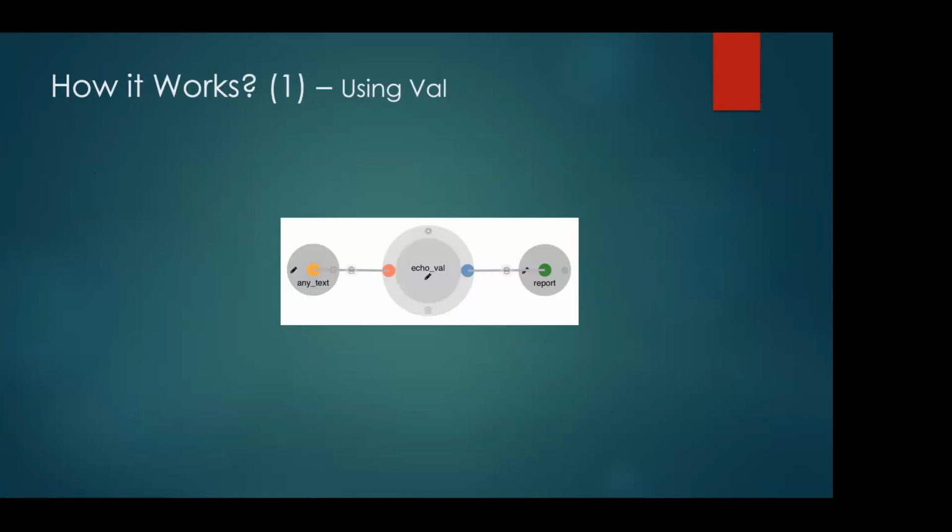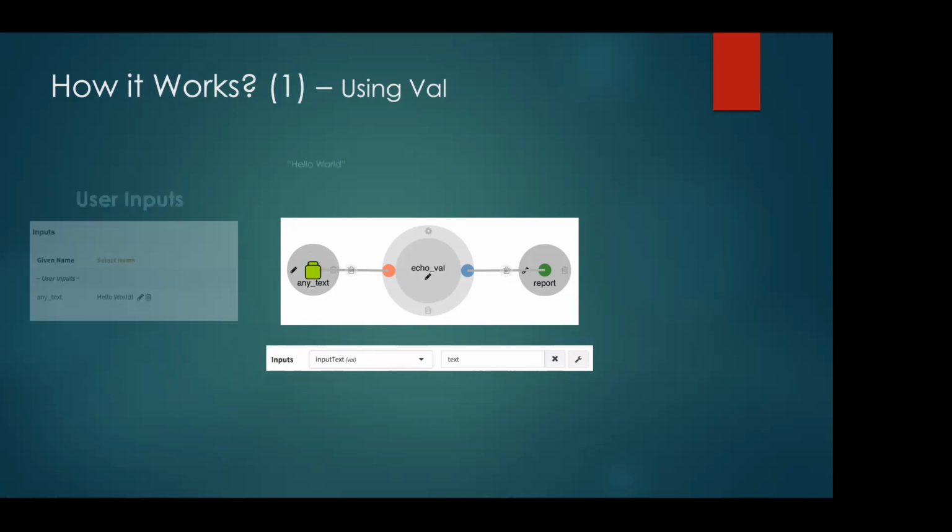So let me show you one example, which will start with the val block. Over here in the input section, I will define one val block, and DolphinNext will create this val block as a first initial step.